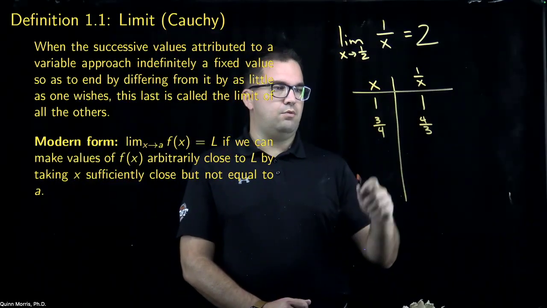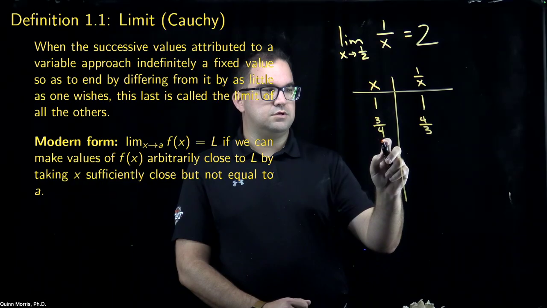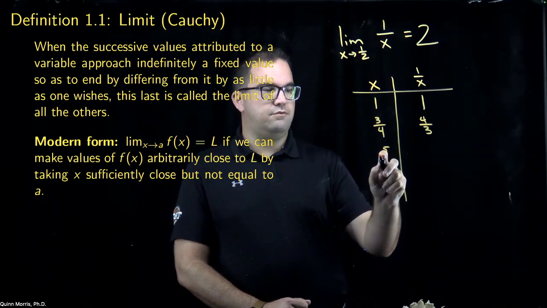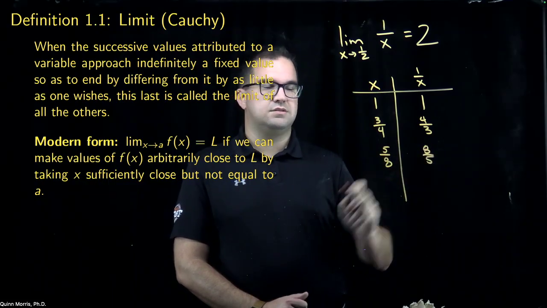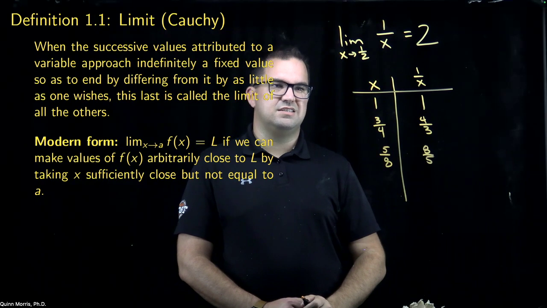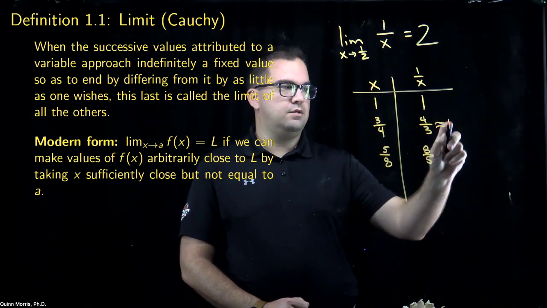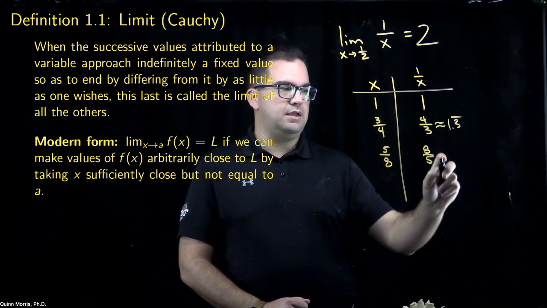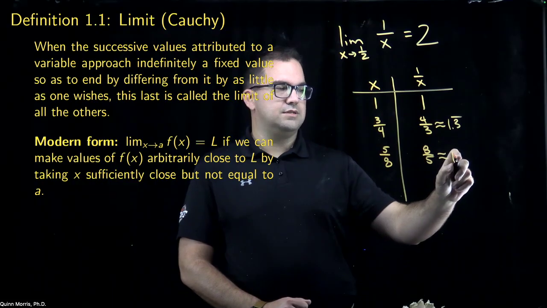And then I could go a little bit further. I could say, well, what about, let's go down to eighths. So how about 5/8? That would give me 8/5. So 8/5, that's like 1.4. So roughly this was 1. This was 1.3 repeating. Sorry, I said 1.4.